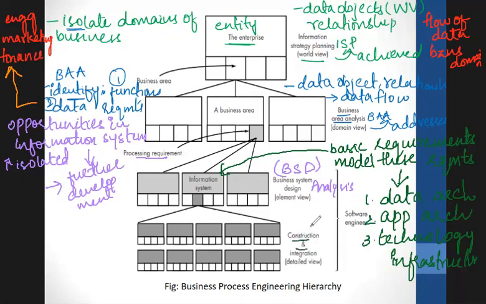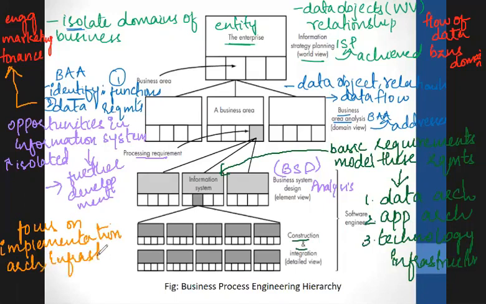Now, when this is transformed into 3 different architectures, the final business process engineering step is going to be the construction and integration phase. Now, within this construction and integration phase, you're going to focus on implementation, how you're going to implement each and every function within the software. You're going to focus upon the implementation details. What are the different architectures that you're going to use, or the complete infrastructure, that is the entire structure, will be identified in here.